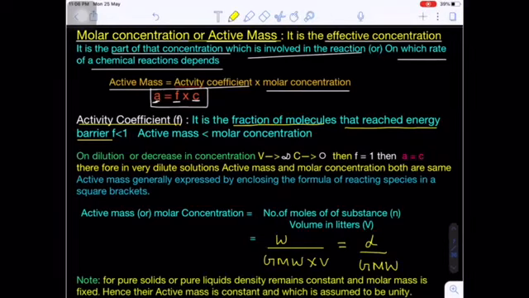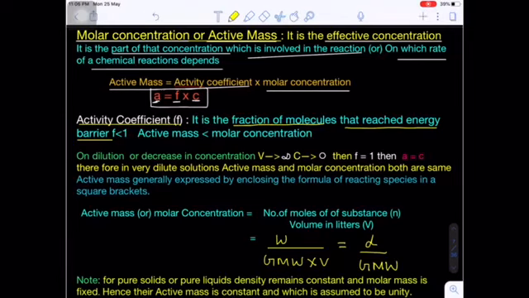convert into products. If the reacting molecules are unable to cross that energy barrier, they bounce back into the reactant side. Again they collide with each other and increase their kinetic energy. Once the kinetic energy crosses the energy barrier, they give the products. These are effective collisions. Effective collisions alone lead to the formation of the products.